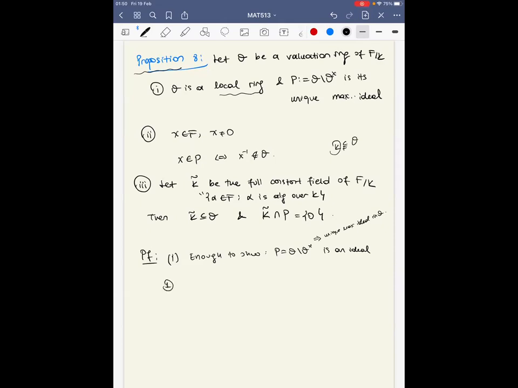First, we'll see that for every x in P and every z in O, their product is an element in the maximal ideal. So that means we need to see that x times z is in O. This is true because O is a ring.